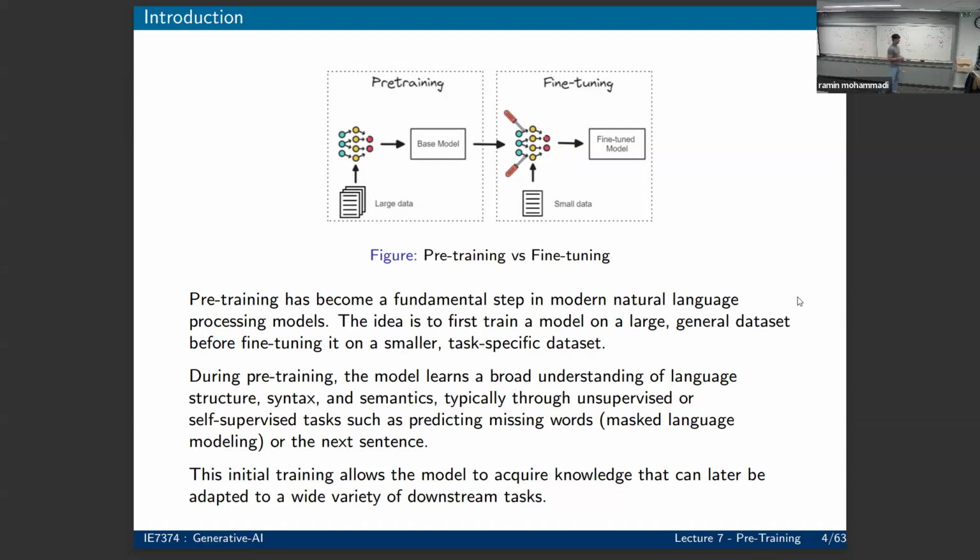For example, that's what we saw with DeepSeek, that they have a really strong base model, and then they distill that knowledge into a much smaller model that can do the same task, and it's much more efficient. There are different ways that you can transfer this knowledge, as we will see.